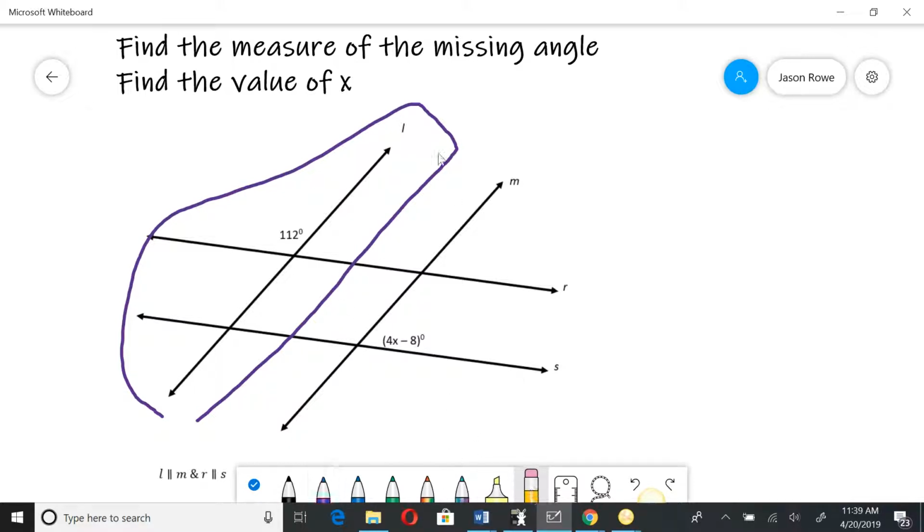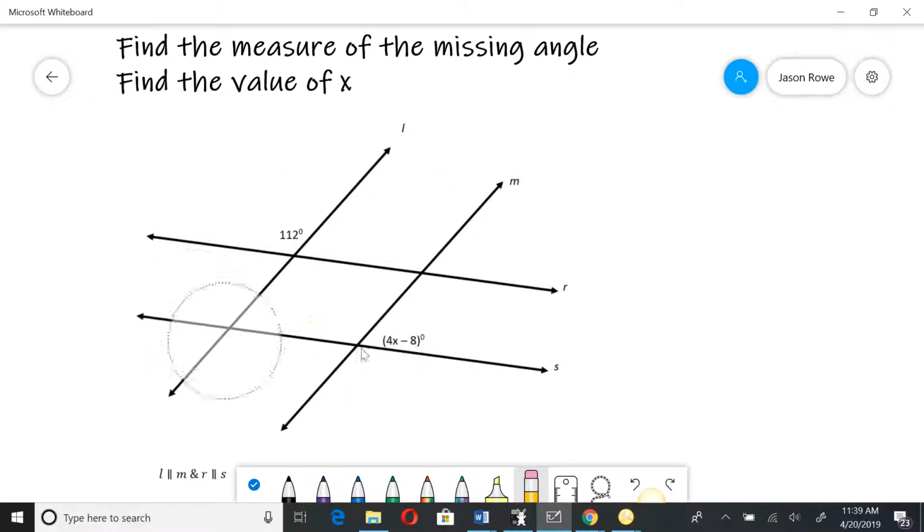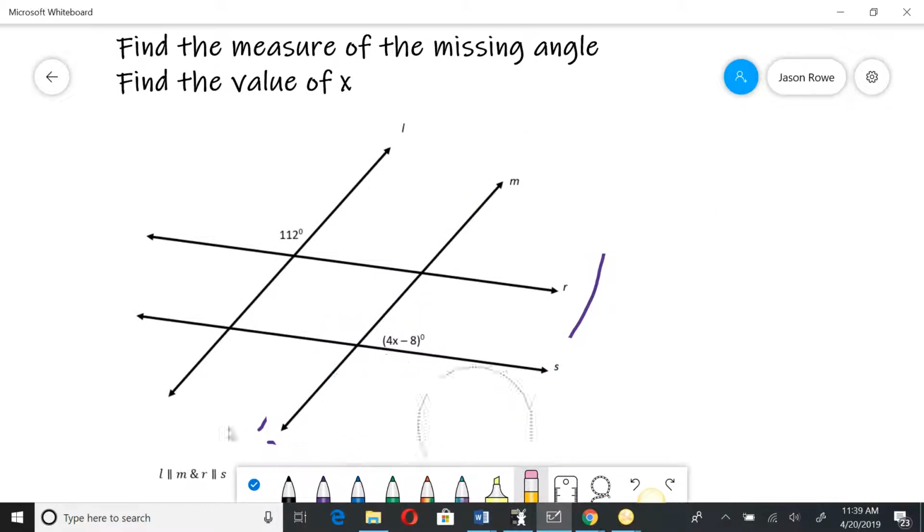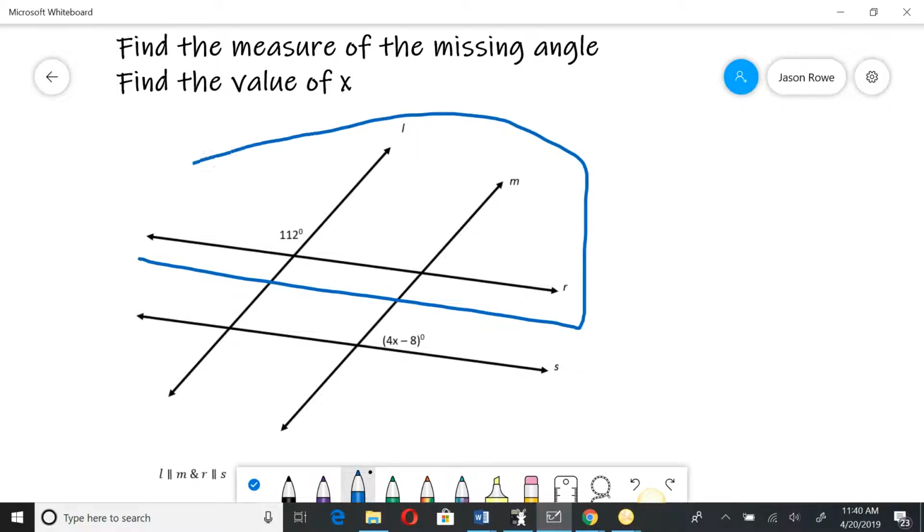And then if we look at the other pair of angles, we have the same rules. Guess what? If we look the other way, the same things are going to be true. So we can look this way as well. So these angles will have those same relationships.